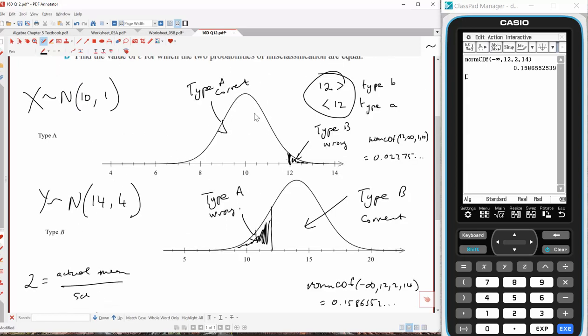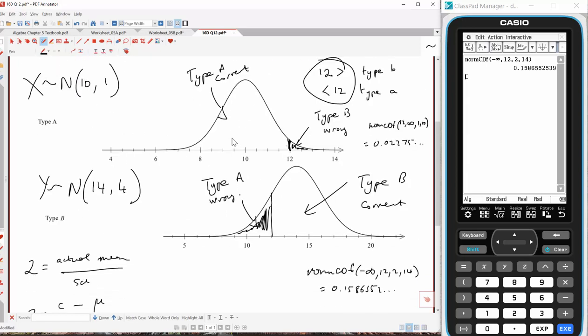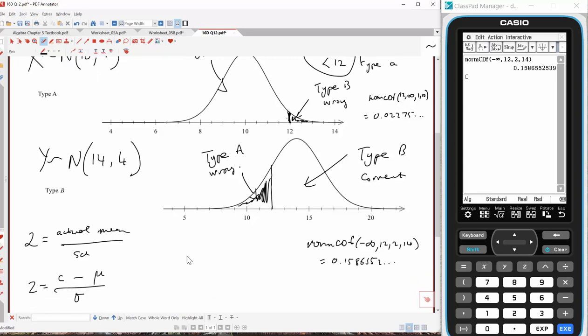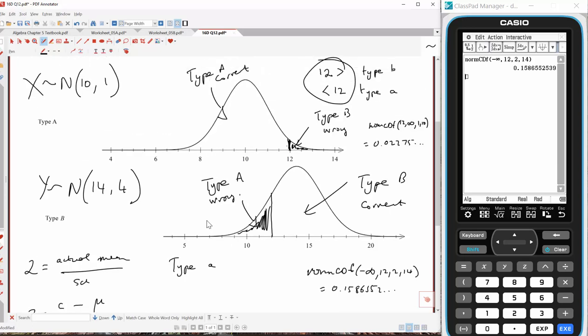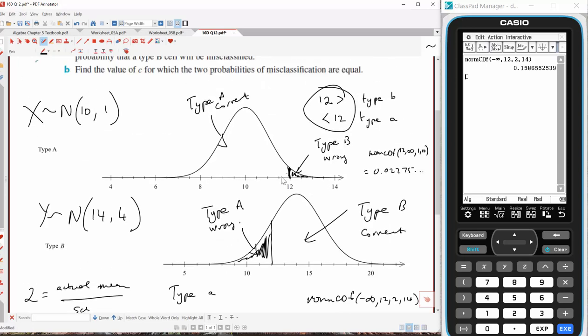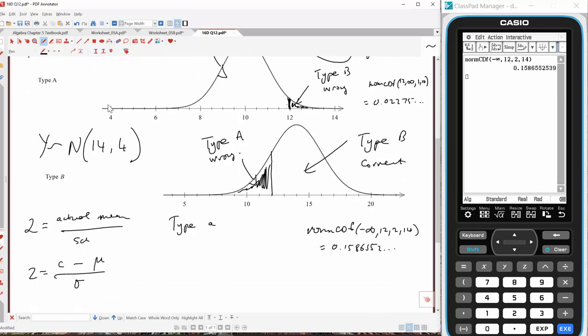So I'm going to do that for type A. Now, what's the number that I'm looking for? I'm looking for that value. That's the number C there. So I'm going to work out its Z score. Z equals C take away 10 over the standard deviation, which is 1.